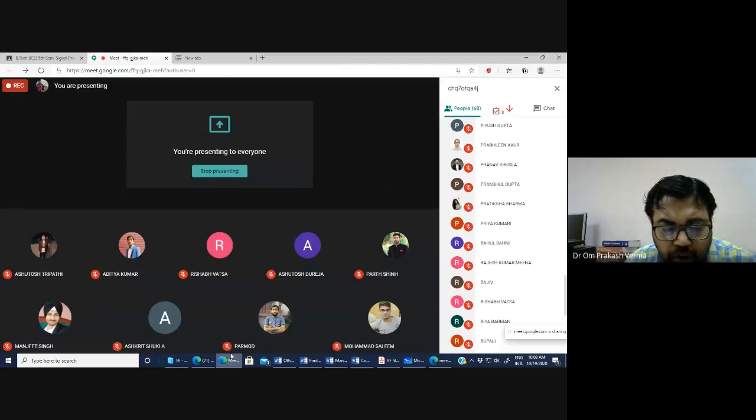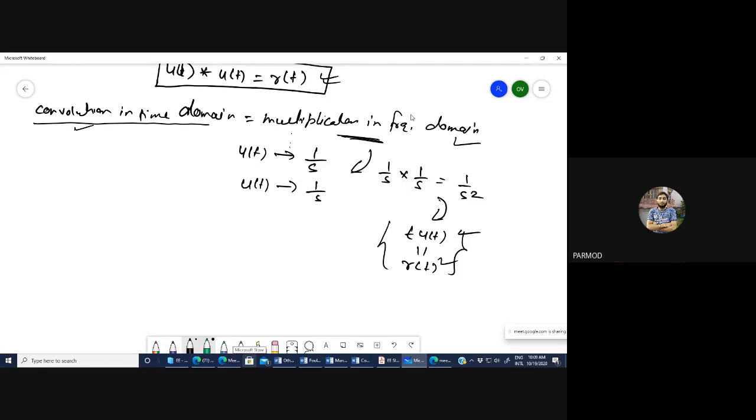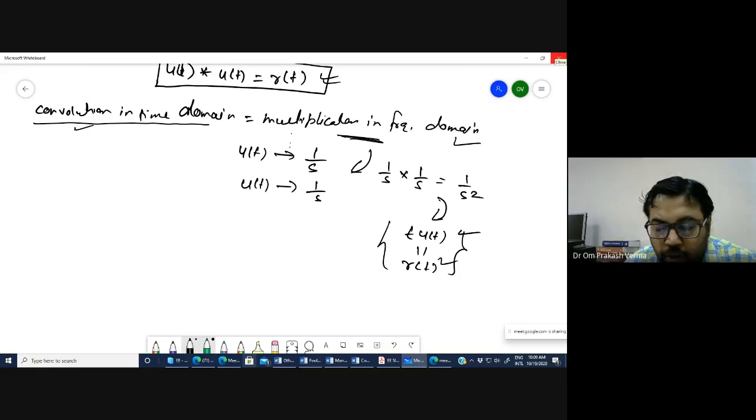Pramod, now please conclude. What to understand now? Sir, that if we bring the convolution into the frequency domain, we can easily calculate it by multiplying and then taking the Laplace inverse. Yes. So you can conclude it like this. Convolution is nothing but the multiplication in frequency domain.